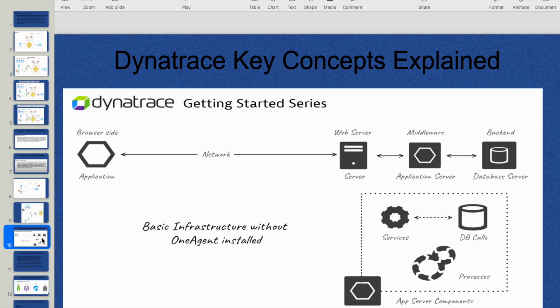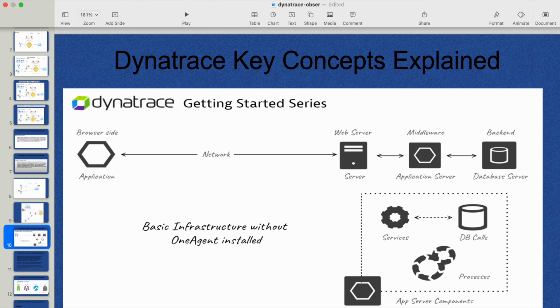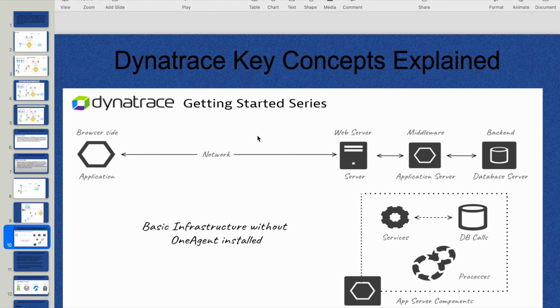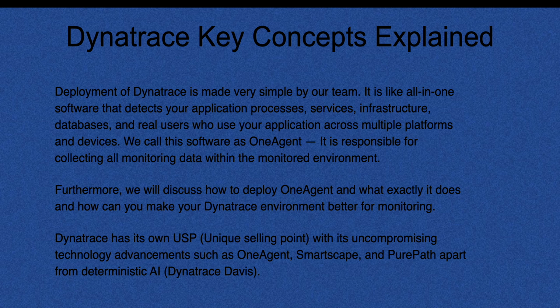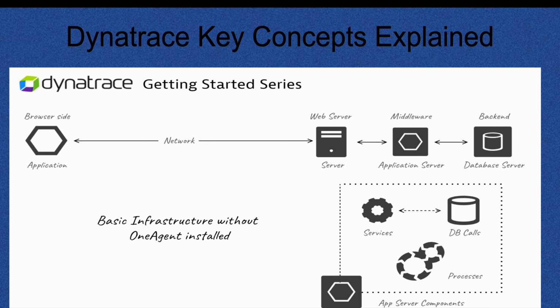Now we are going to discuss Dynatrace. On the browser side, in normal applications, you have a browser side, a web server, middleware, backend, and then services, DB calls, and processes. Without OneAgent installed, this is how your applications look, right?